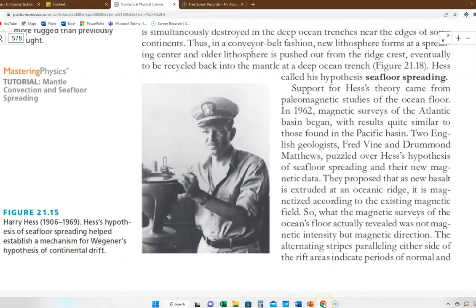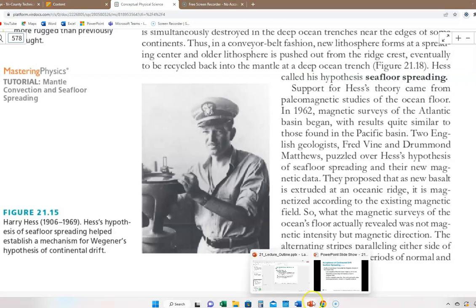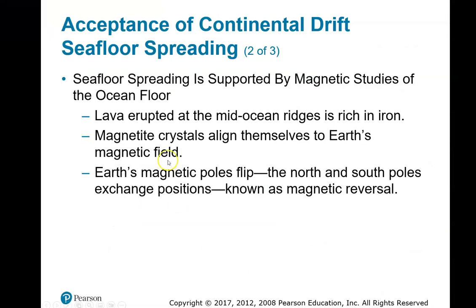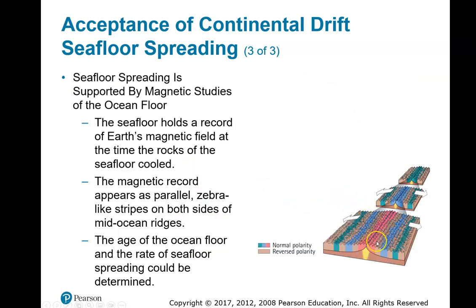All right, so let's go back to, whoops, wrong thing. Here we go. So we were right here. So as these ridges, and we could just concentrate on the mid Atlantic ridge, but any of the ridges do this.